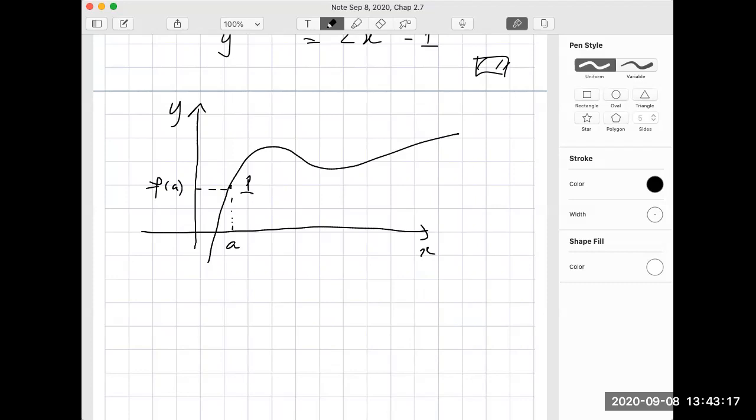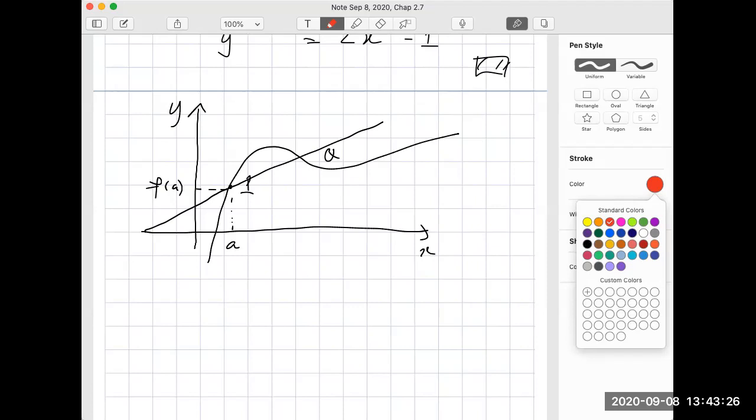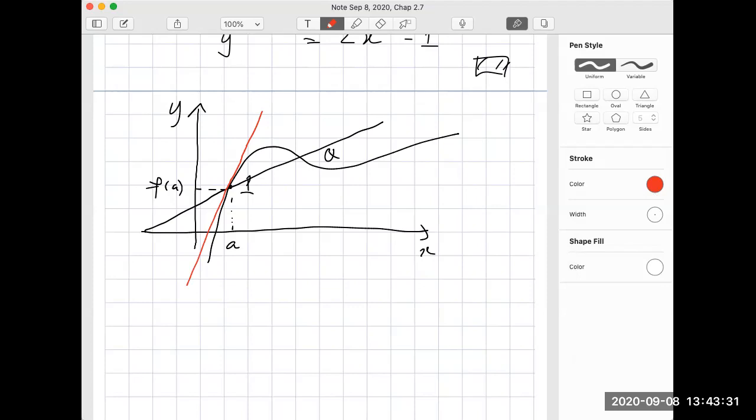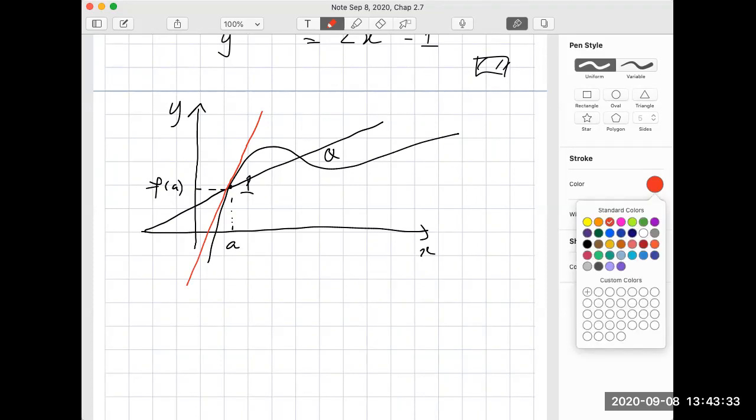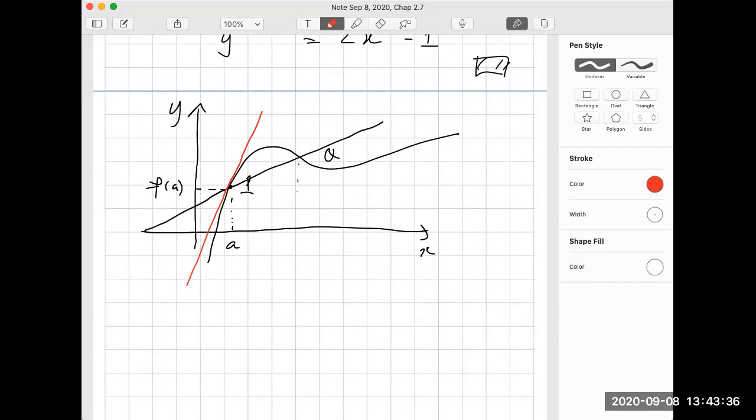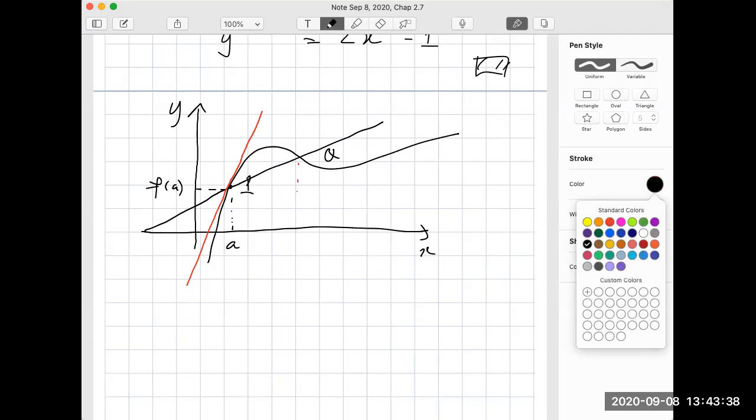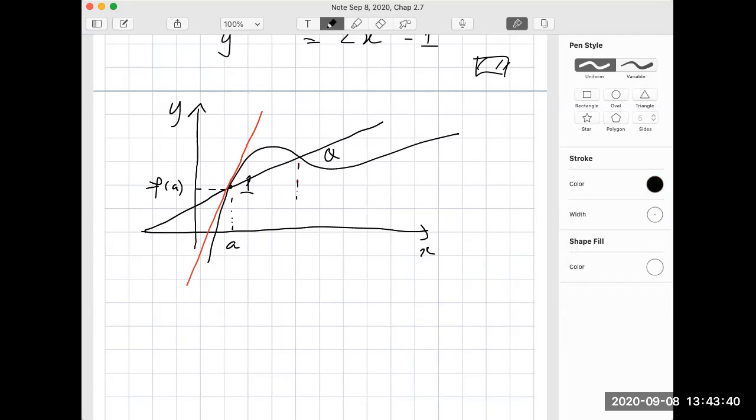So we see that this is a secant line. We use a different notation. Suppose we consider this point here is the point a plus h, right?